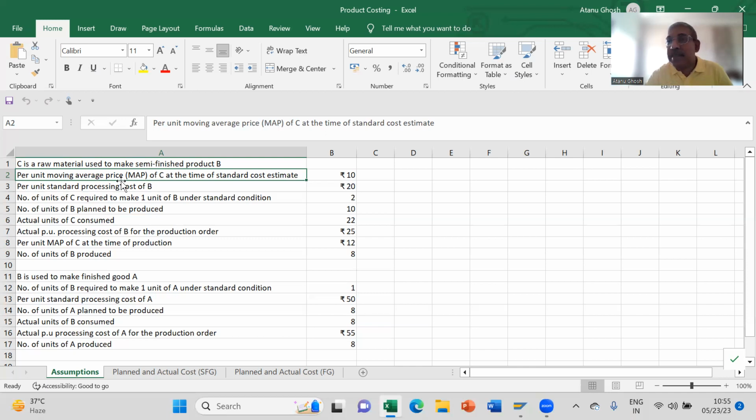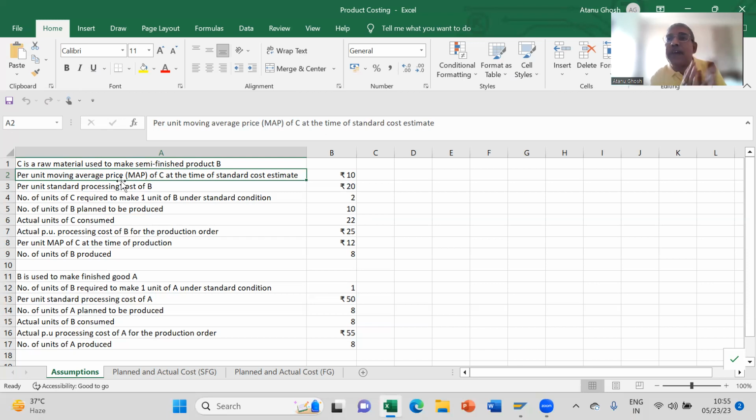Now, when you are fixing the standard cost of a semi-finished product like B, which requires input raw material C, you need to fix the price of C, which will go into the price of B. Because if the price of C is moving, then there is no way to calculate a fixed standard cost of B. Now, what will be that fixed price of C that will be considered for calculating the standard cost of B? That fixed price is the moving average price at a particular point.